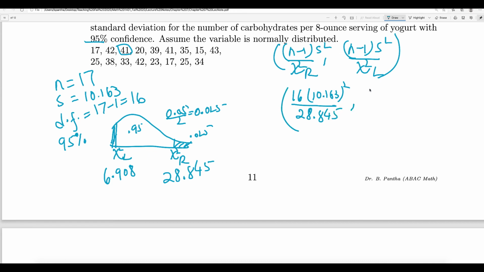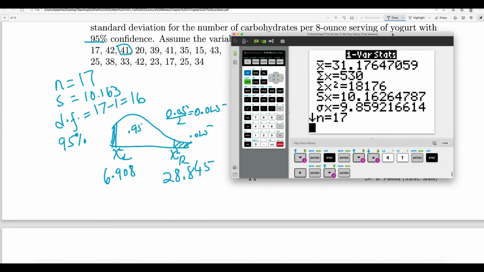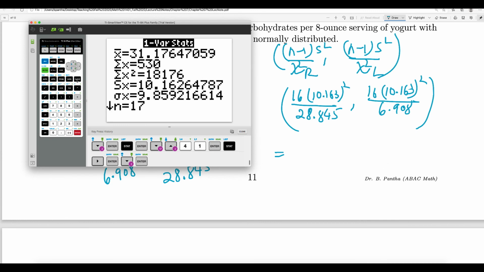For the right bound, 16 times 10.163 square over chi-square left. Chi-square left is 6.908. Now you use the calculator for this. Let me use that. Clear what I have.